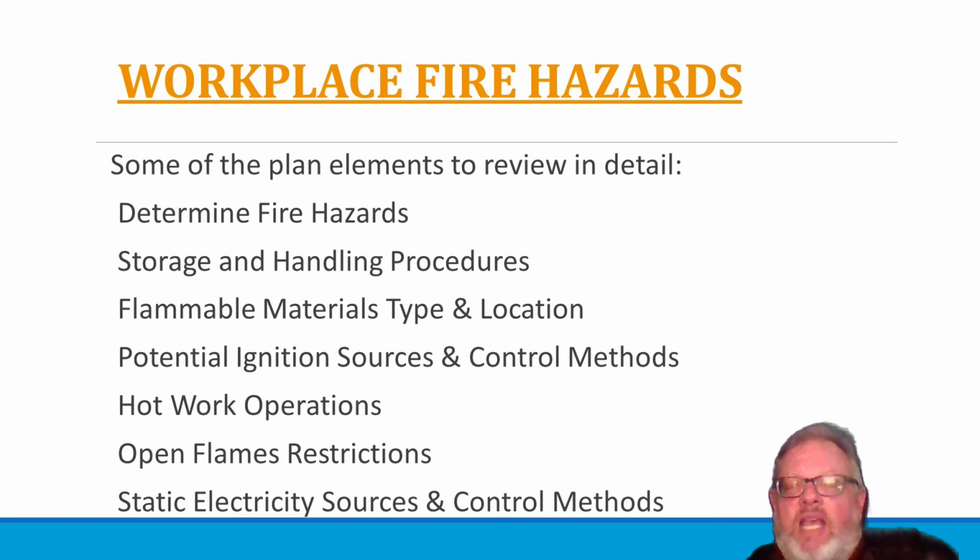Flammable storage cabinet. How do we handle this? Do we need to bond and ground? What types of flammable materials? I've used the term combustible, but really OSHA does not really have combustible materials anymore. It's all degrees of flammability. Where is it located? What are the potential ignition sources? How are we going to control that?